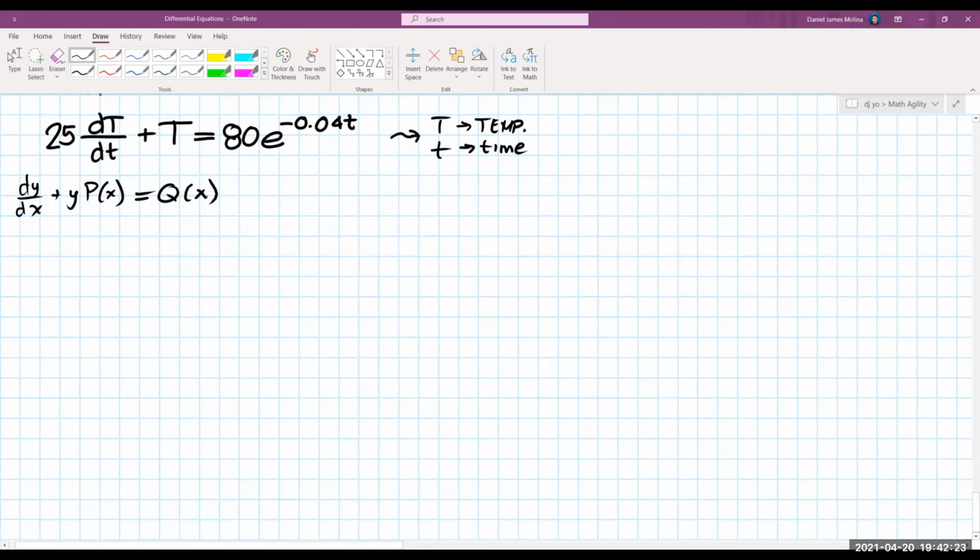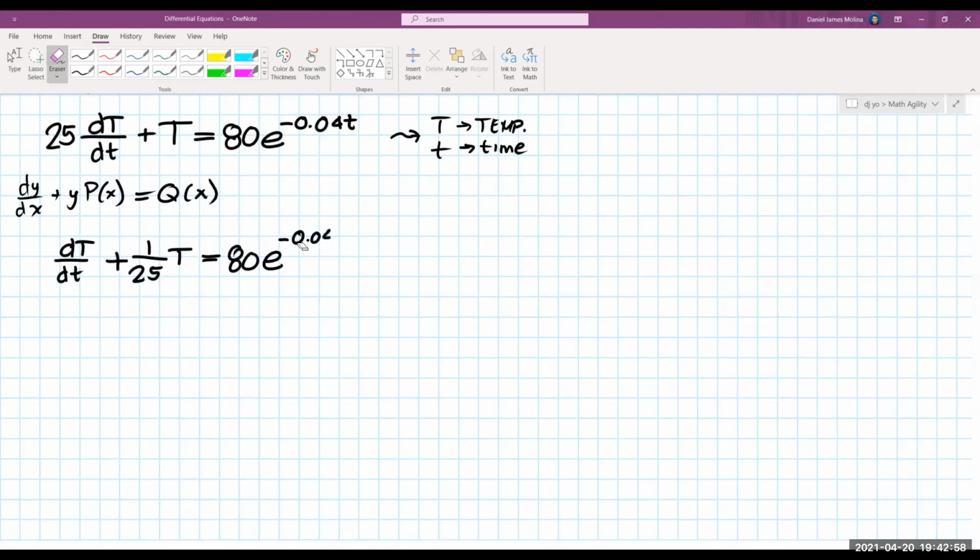We just have to divide the whole equation by 25 so that the leftmost term will be the differential of capital T over the differential of small t. Dividing the whole equation by 25, we have dT over dt plus 1 over 25 T is equal to 80 e raised to negative 0.04 t.